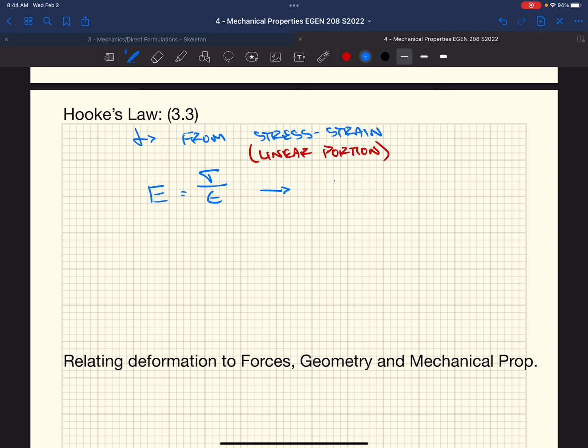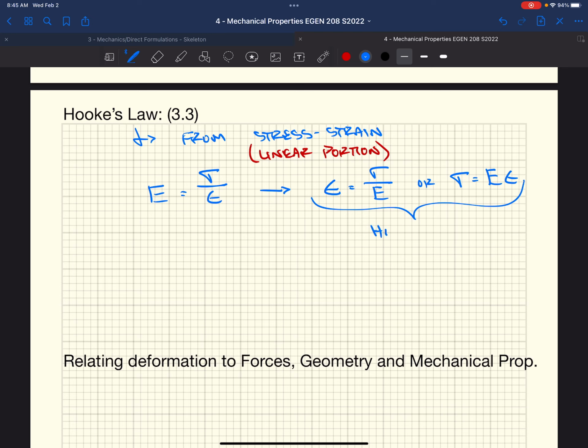Well, this relationship, strain equal to, whoa, I keep wanting to write stress over E, or stress equals E times strain.